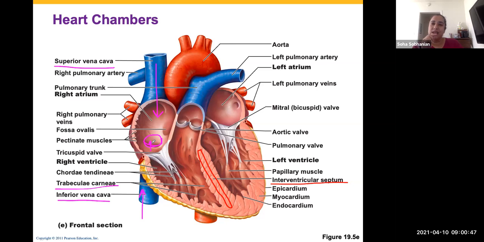So if I ask you how many main veins are associated with the right atrium? So far, we know 2 main veins, right? Superior vena cava and inferior vena cava. Correct? Everybody with me so far?